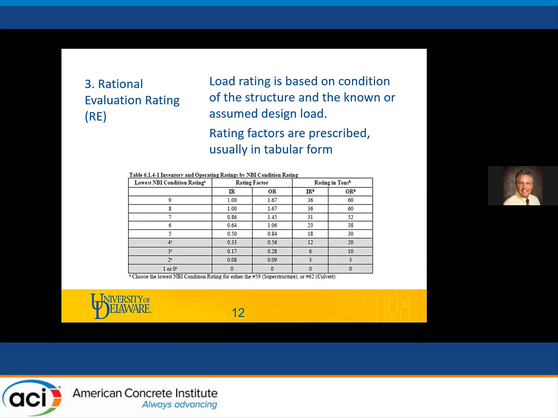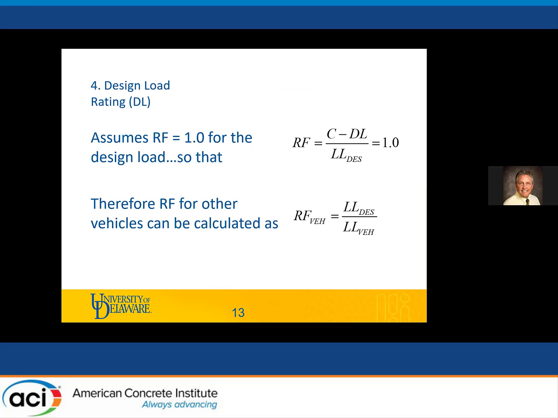A rational evaluation method is primarily based on the NBI condition rating of the bridge, where the state has established a priori the load ratings that they're going to use based on that NBI rating. This table is from Idaho's manual, and it shows that if a bridge is rated a 6, the inventory rating is going to be a 0.64, etc. The design load rating approach brings in a little more calculation to the effort.